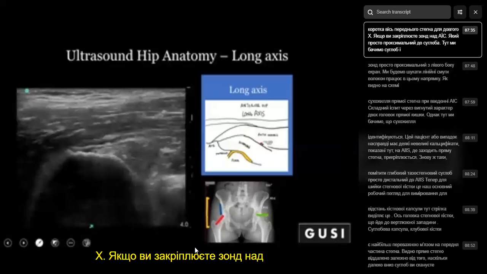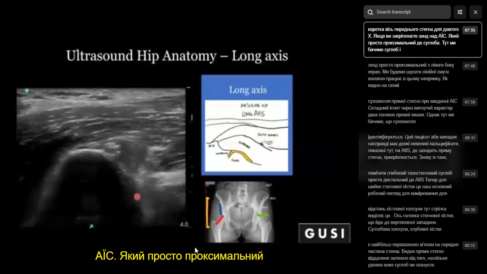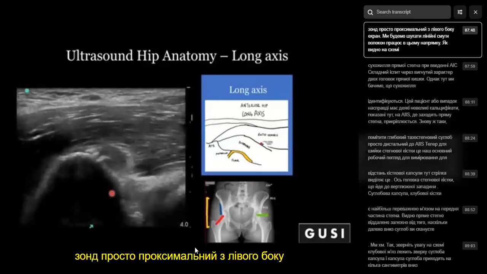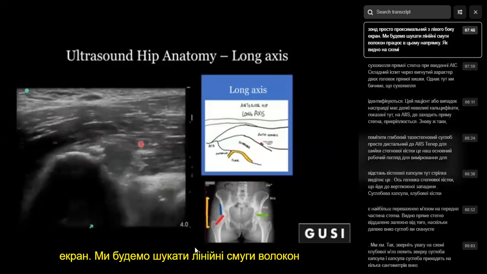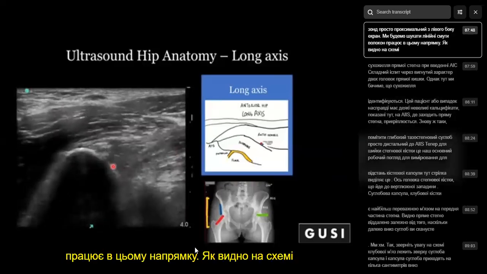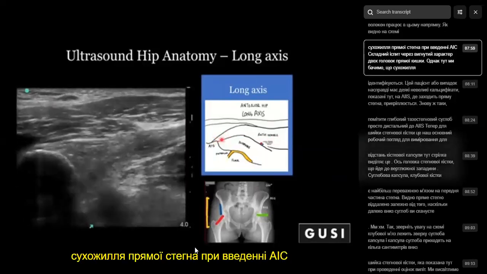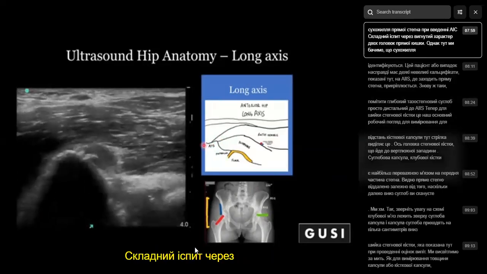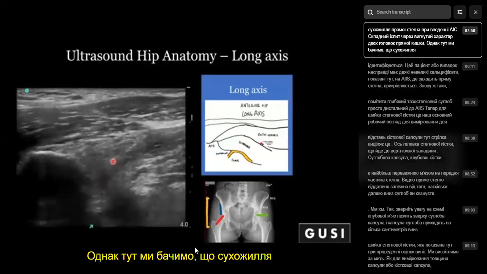For the long axis view, we'll anchor the probe over the AIIS, which is just proximal to the joint. Here we see the joint, and the probe is just proximal on the left side of the screen. We'll look for linear bands of fibers running this direction, as seen in the diagram. The rectus femoris tendon at the insertion of AIIS is a difficult exam due to the curved nature of the two heads of the rectus.